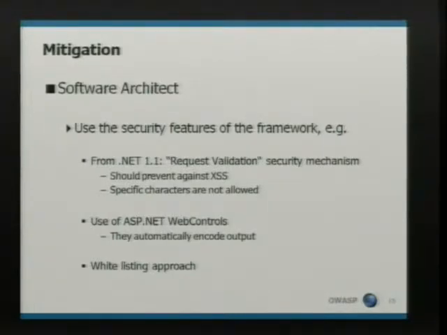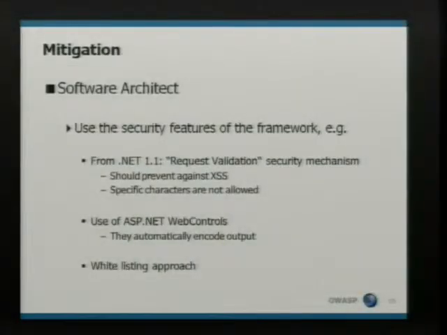The software architect will say, okay, dear manager, there's no problem, we are using a framework, and this framework has a lot of security features built in, for example the .NET framework. We have a kind of request validation security mechanism, which should prevent us against cross-site scripting. The reason is that some special characters are not allowed there, the left angle bracket and the right angle bracket in this case.